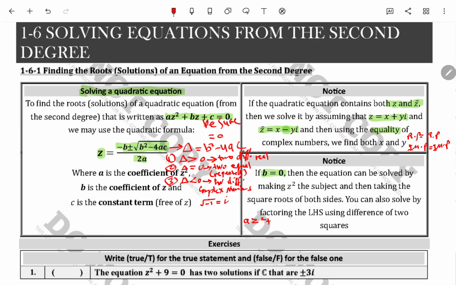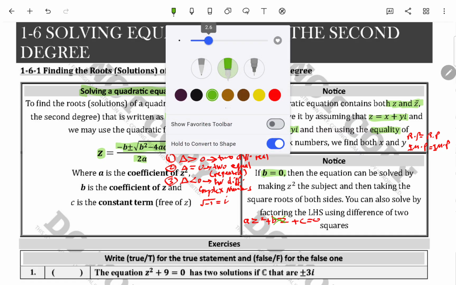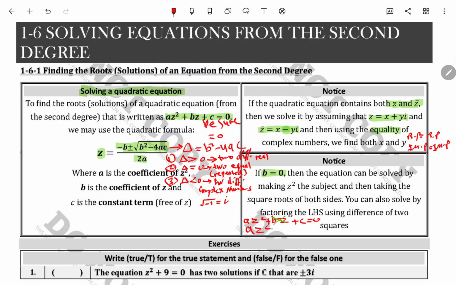The second note is saying if you have b equal to 0 in the equation of az squared plus bz plus c equal to 0, that means this bz will be cancelled, and you can get az squared plus c equal to 0. You can solve it by two ways.